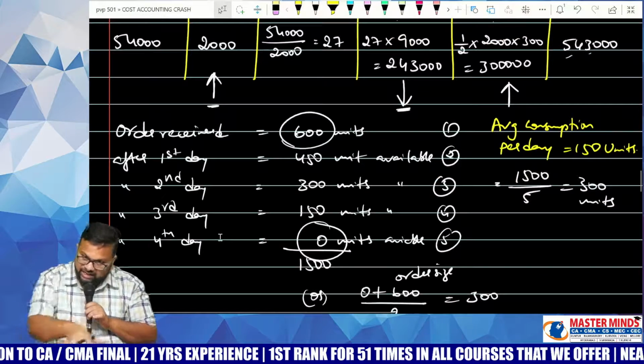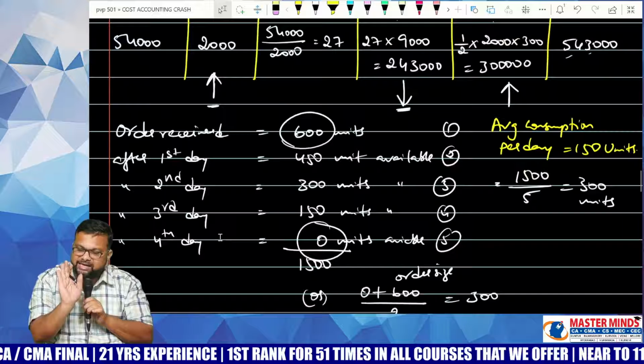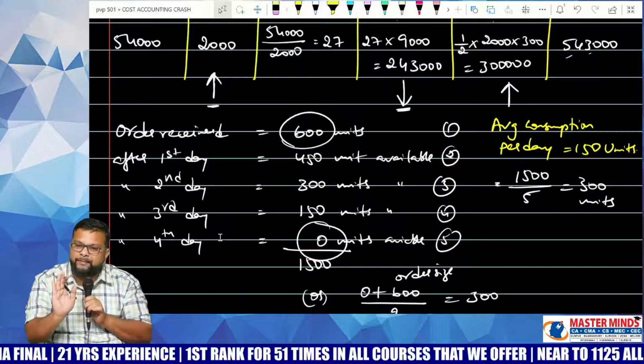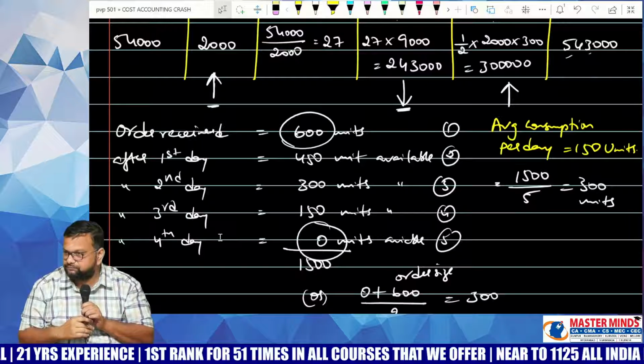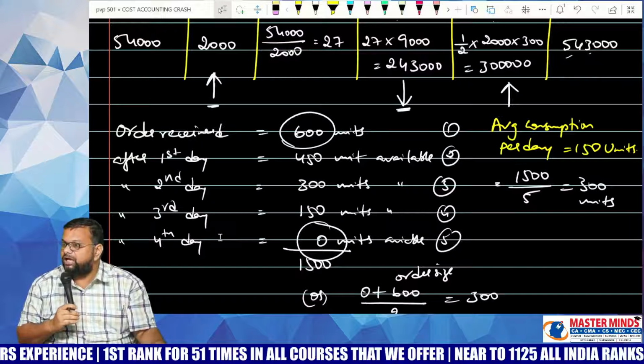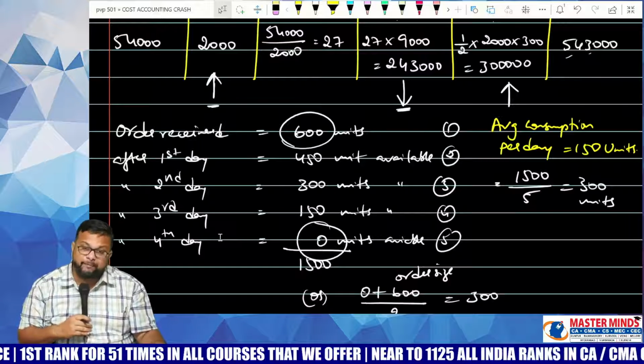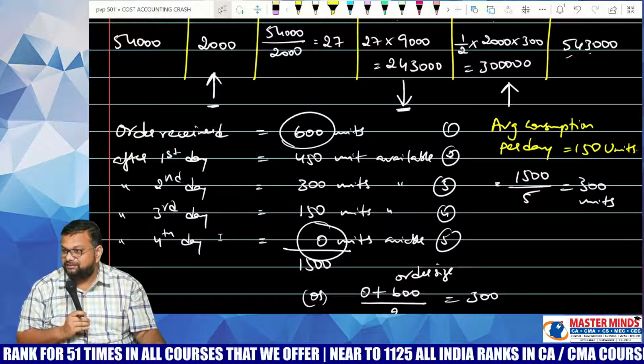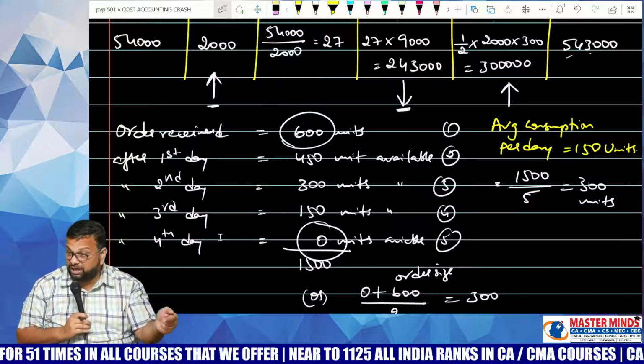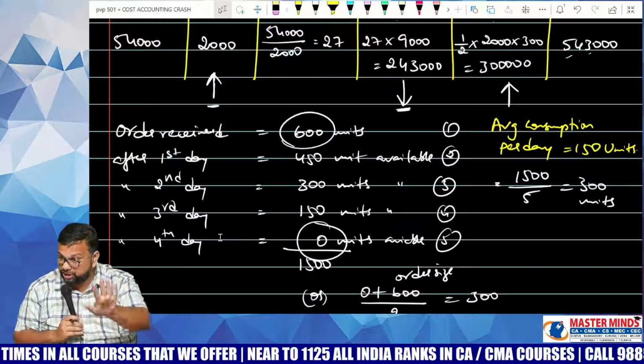See, in the entire example, the assumption I have taken is that the price of raw material will remain constant. That's why we are not taking the price of raw material into decision making. But if the price of raw material changes, then you have to take the price of raw material also into decision making.